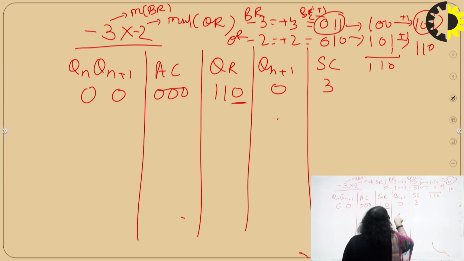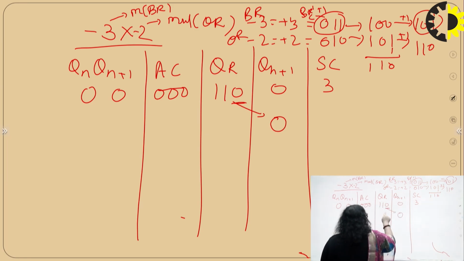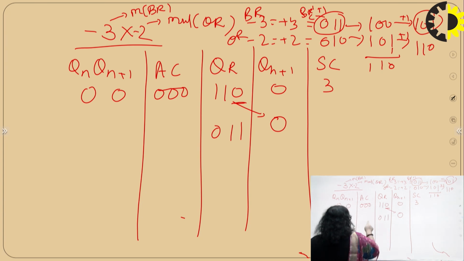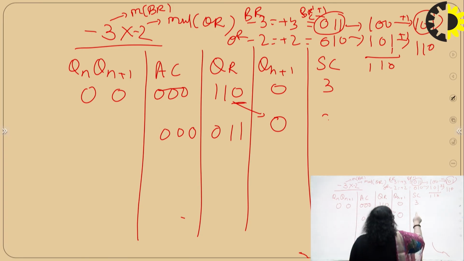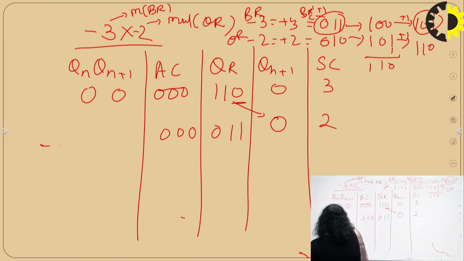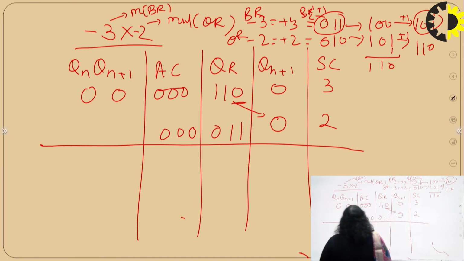So 0 is transferred here. It is 1 1 0, and in AC 0 0 0. And the sequence counter is minus 1, so it is 2.